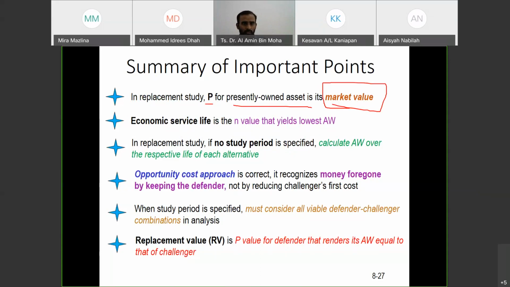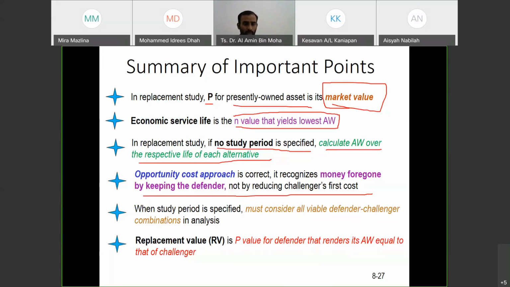Economic service life is the N with the lowest AW. In a replacement study, if no study period is specified, we calculate the AW over the respective lives; we keep calculating AW and then compare. The opportunity cost approach is correct. It recognizes money forgone by keeping the defender, not by reducing the challenger's first cost.